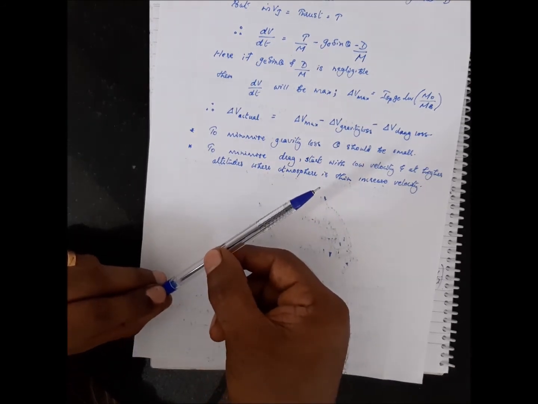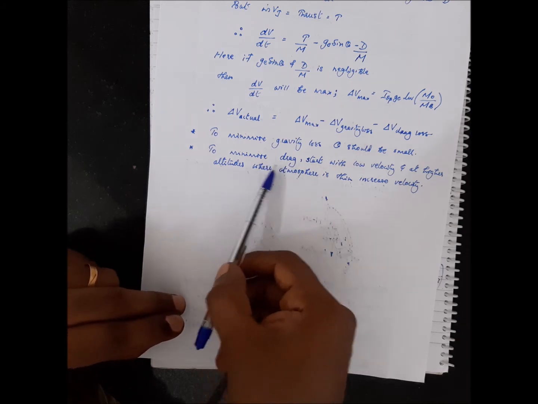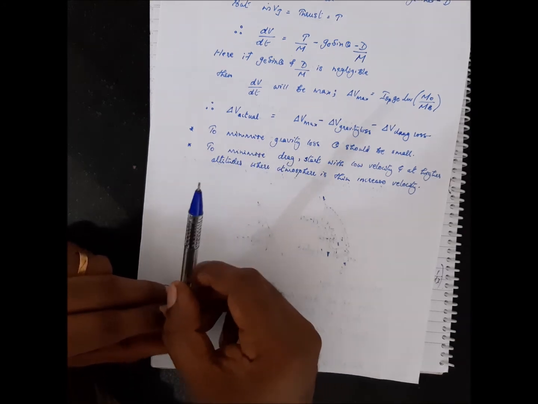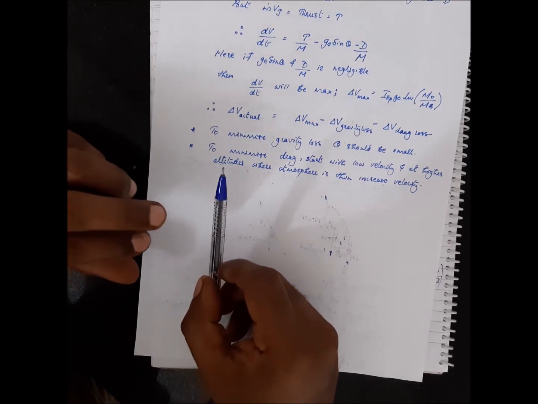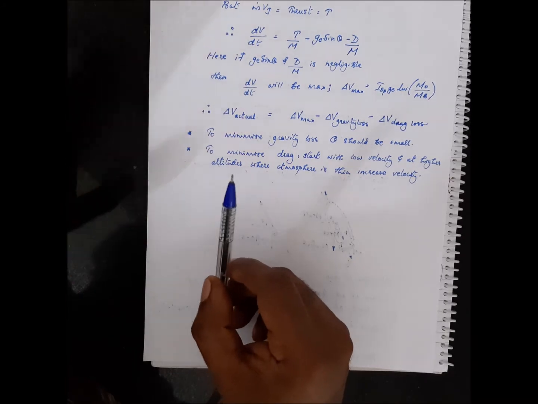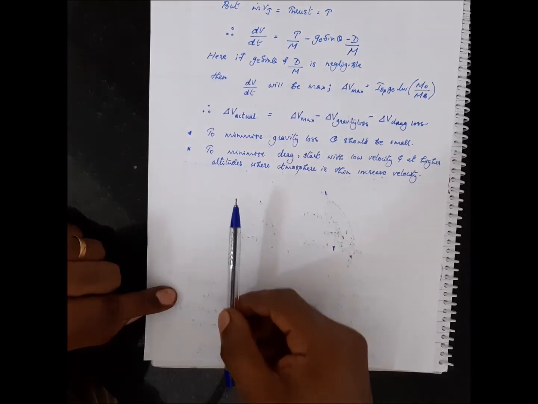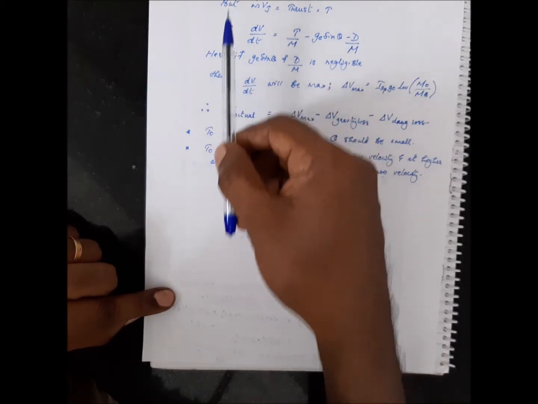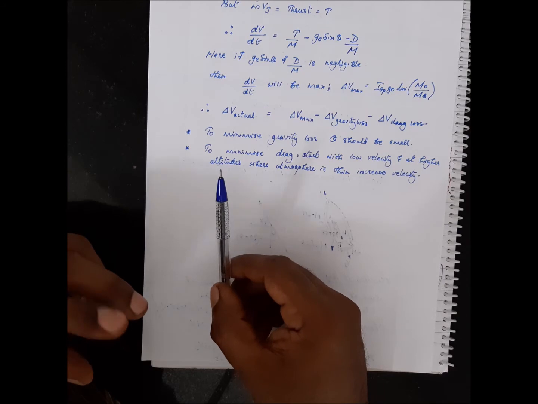But the drag only happens where the atmosphere is. So the optimum way of reducing the drag is to get out of the atmosphere as soon as possible, and that is by a vertical ascent.